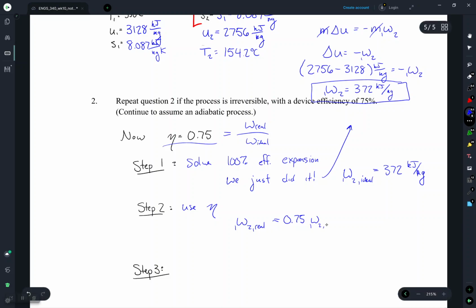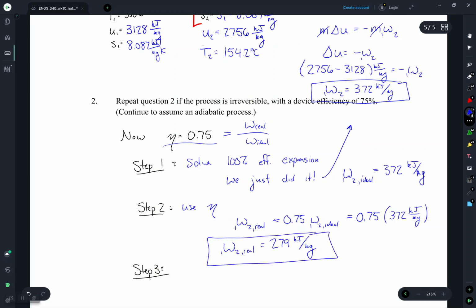So 0.75 times 372 kilojoules per kilogram, and we can find our real work, which is 279 kilojoules per kilogram. Again, hopefully this feels familiar. It really does behave exactly like what you would expect it to behave like.